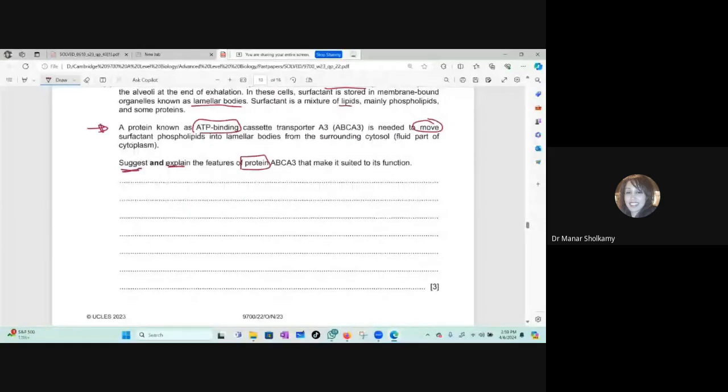So in other words, I have a surrounding here. My pen doesn't work anymore. So I have a surrounding, and I want the surfactant to move in, and it will not be able to move in except when this protein is present. So what is this protein? It is an ATP binding protein. This is which type of protein? And where is it found?